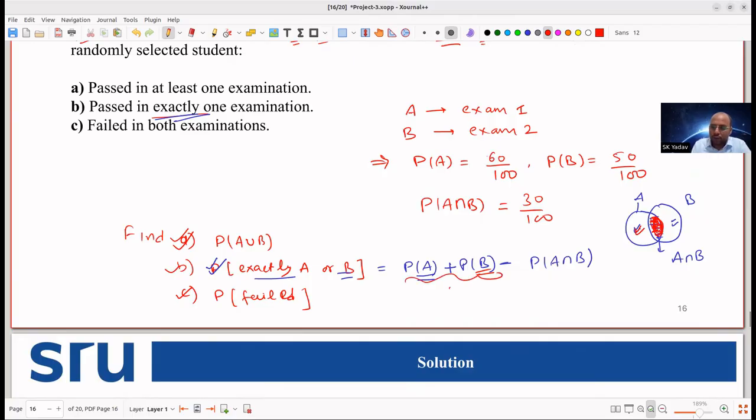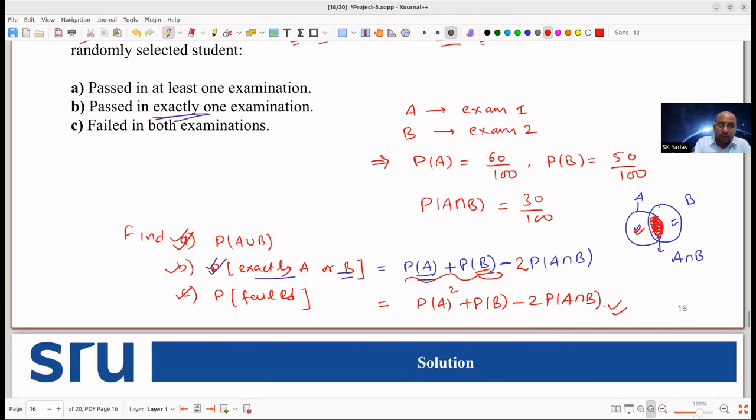So I don't want it any number of times, so I will subtract it two times. So the formula becomes P of A plus P of B minus 2 times P of A intersection B. This is the formula for exactly one exam.